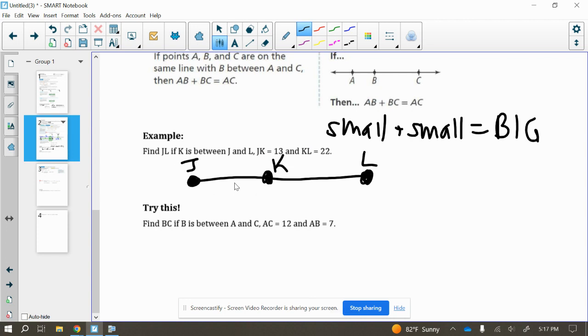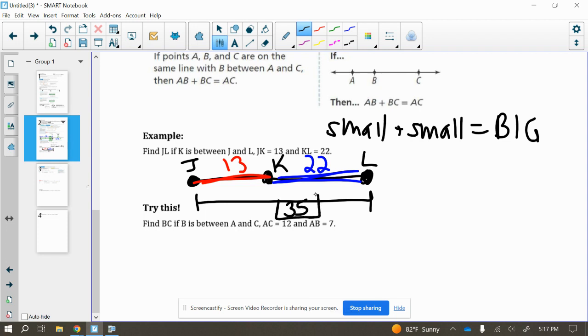K is somewhere between our two segments, J and L. J to K is 13. K to L is 22. We want this total distance, which is going to be small plus small, 13 plus 22, for a total of 35.